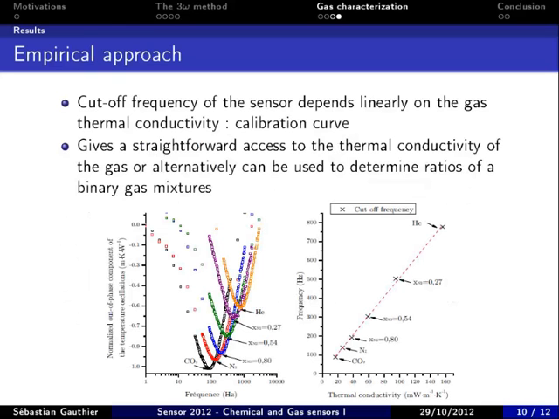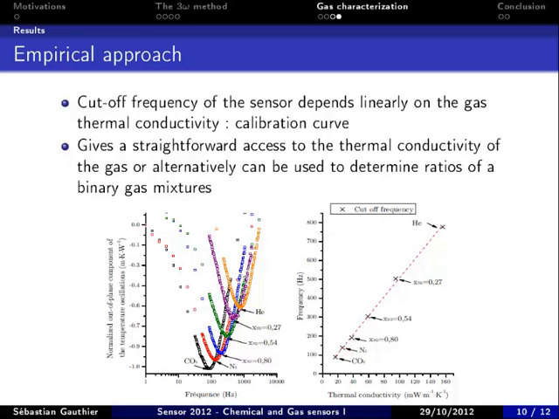And we wanted to use a simpler approach, and as I said, the system could be in a way considered as a thermal low pass. And now if we look at the out-of-phase component, we see that there is a kind of cutoff frequency of our system.